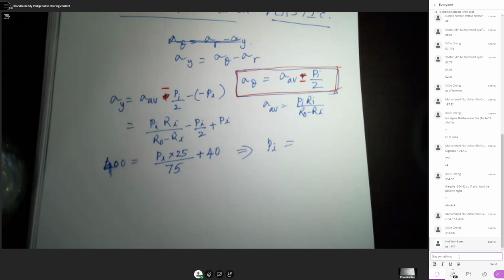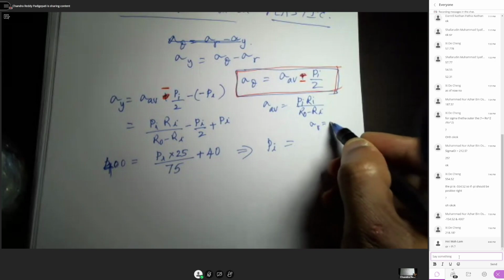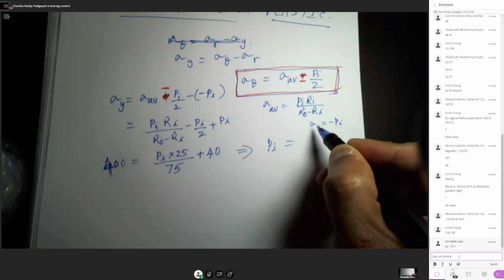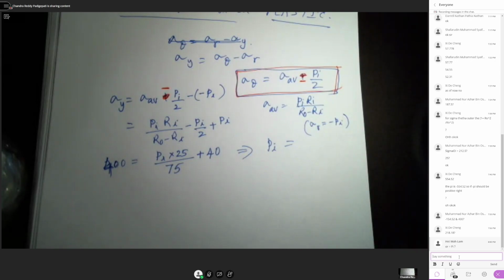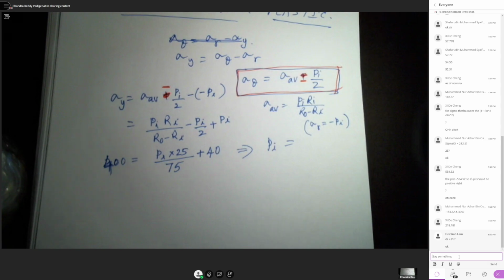What is your question, Hema? Sigma r is equal to negative pi, correct. So the radial stress is always equivalent to negative pi. So here sigma r you are taking at inner radius, so therefore it is equivalent to pi.